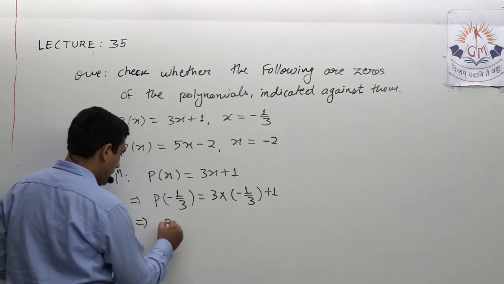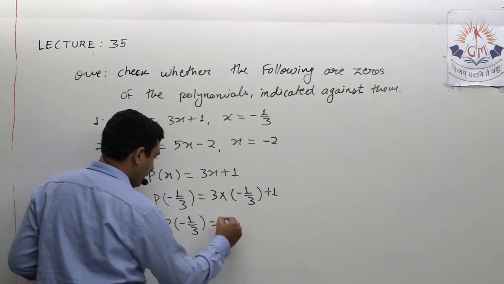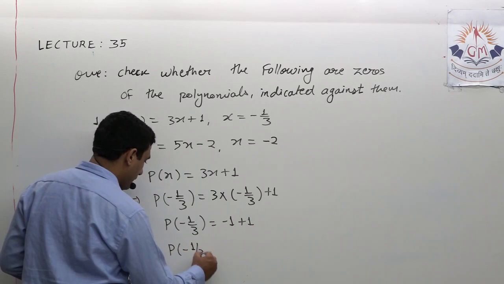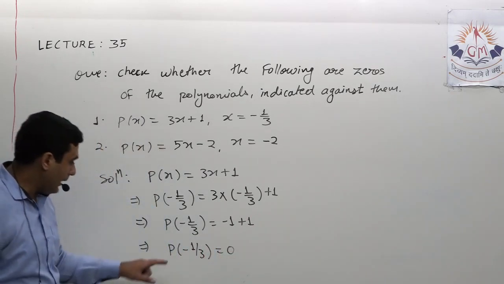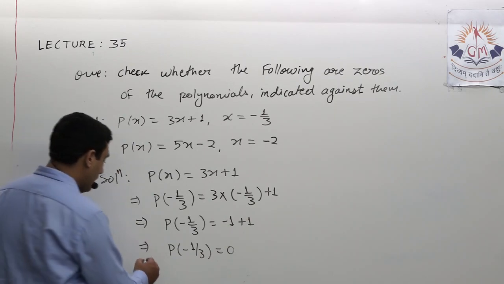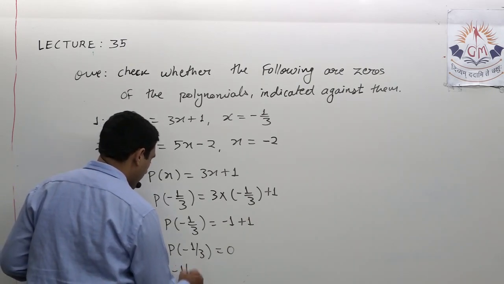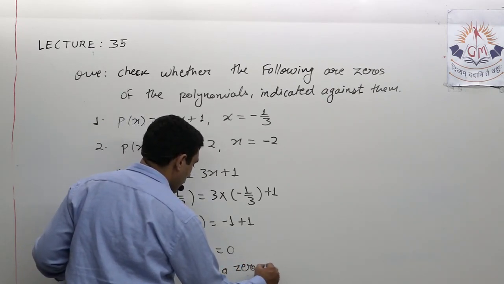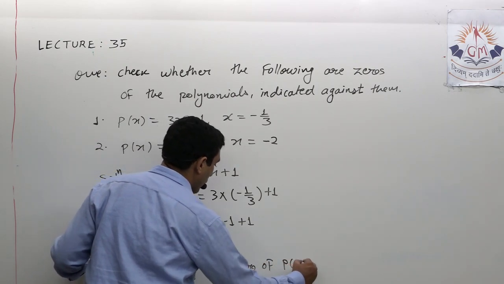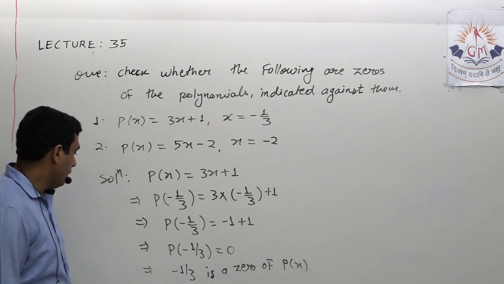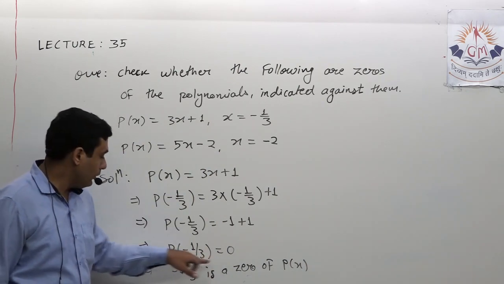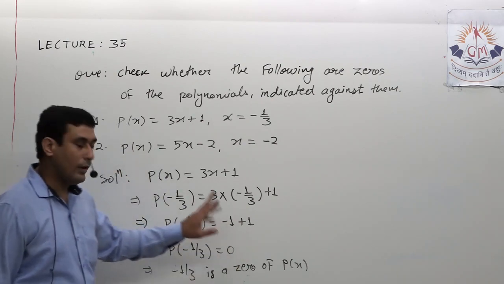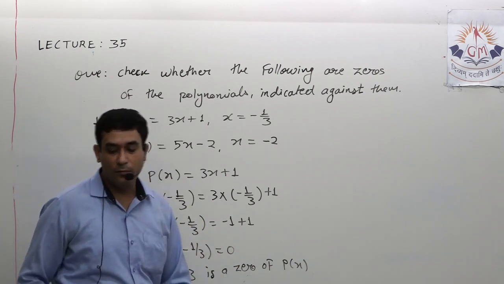Here what I get, p of minus 1 by 3 is equal to minus 1 plus 1. So, ultimately p of minus 1 by 3 is equal to 0. As p of minus 1 by 3 equal to 0, I can conclude, therefore minus 1 by 3 is a zero of p(x) or the given polynomial. Because this becomes 0, I conclude the value is a zero of the polynomial. Suppose p of minus 1 by 3 is not equal to 0, I will say minus 1 by 3 is not a zero of the given polynomial.